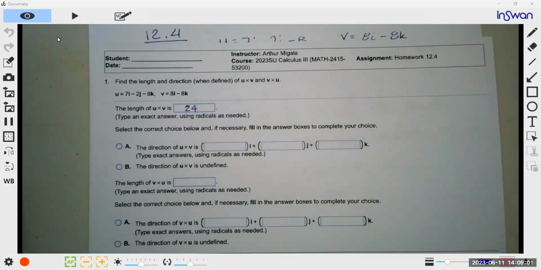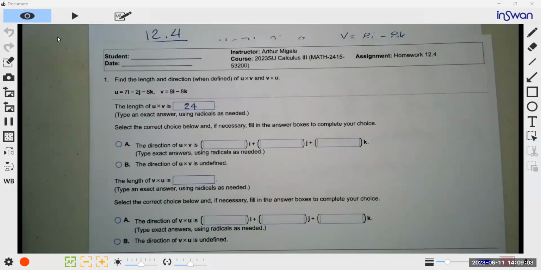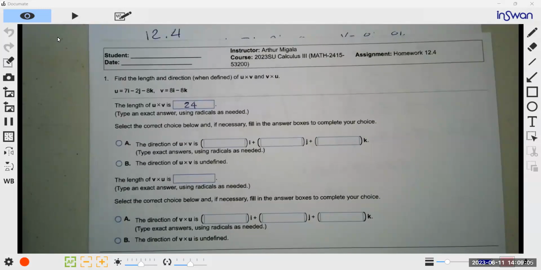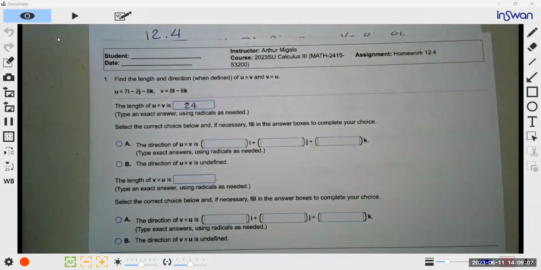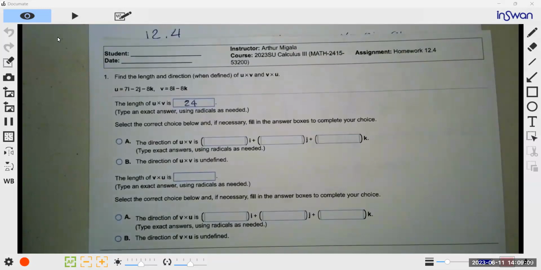Then the next part says, select the correct choice below, and if necessary, fill in the blanks. Okay, so what's the direction?